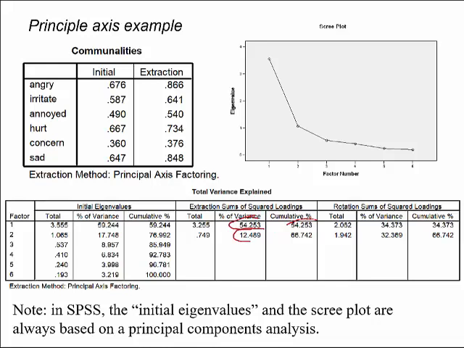The first factor explains a lot of variance, 54%. The second factor explains notably less, only about 12%, whereas after rotation, I've got 34% and 32%. It's more evenly distributed between my two factors, whereas there's a greater discrepancy before rotation, with the first factor explaining most and the second factor explaining notably less.